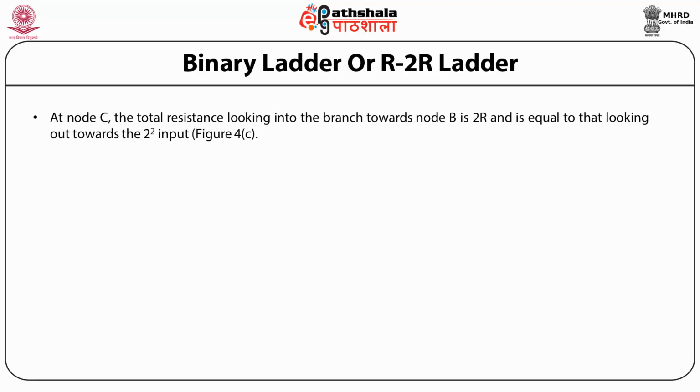Now, at node C, the total resistance looking into the branch towards node B is 2R and is equal to that looking out towards the 2 raised to power 2 input.